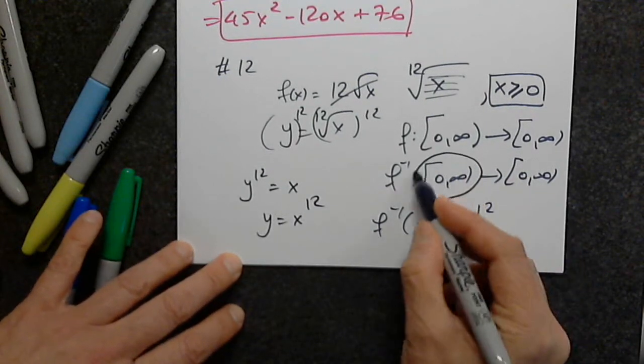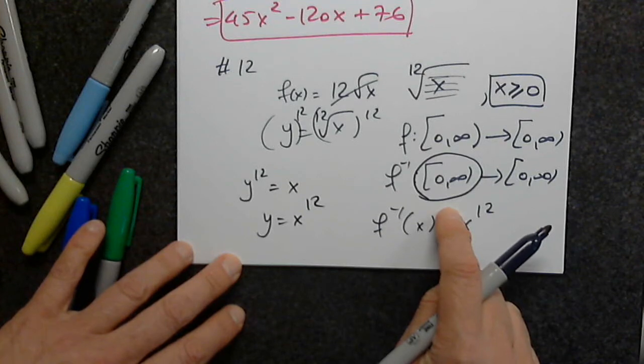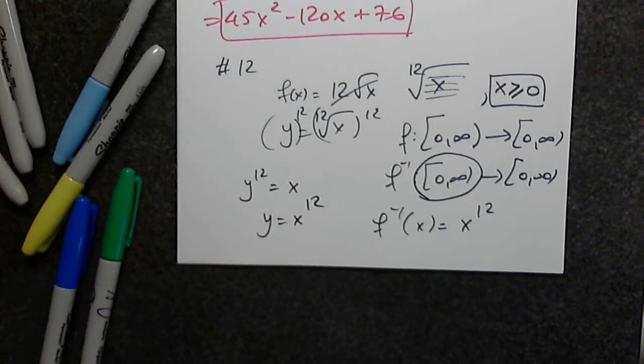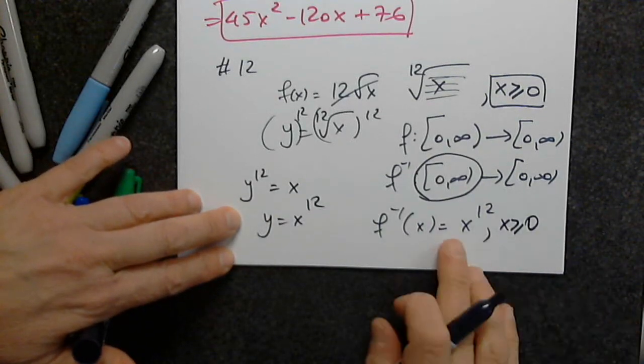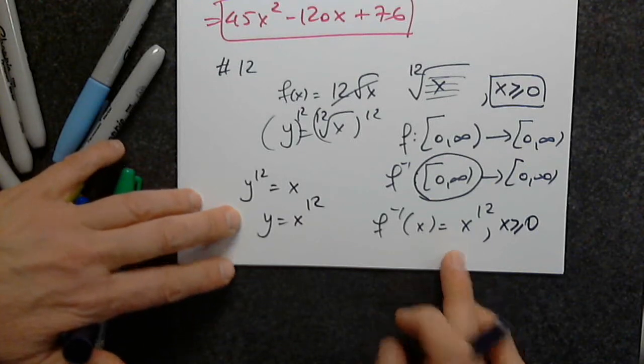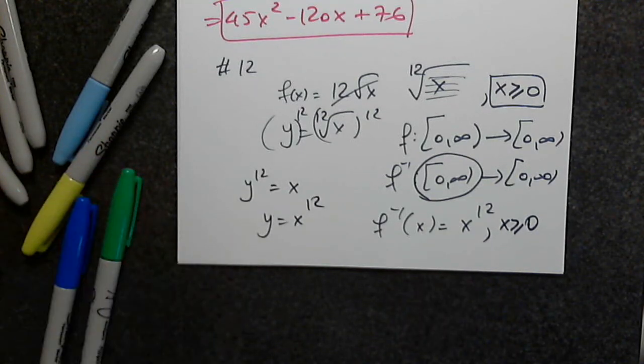But I have to impose this restriction, because like with x squared, it is not 1-to-1. x squared doesn't have an inverse function. But this piece of x squared does. The same thing here. So that's why this is greater than or equal to 0. Although you can say, wait a minute, x to the 12th exists for everything. True. But the entire function is not 1-to-1.